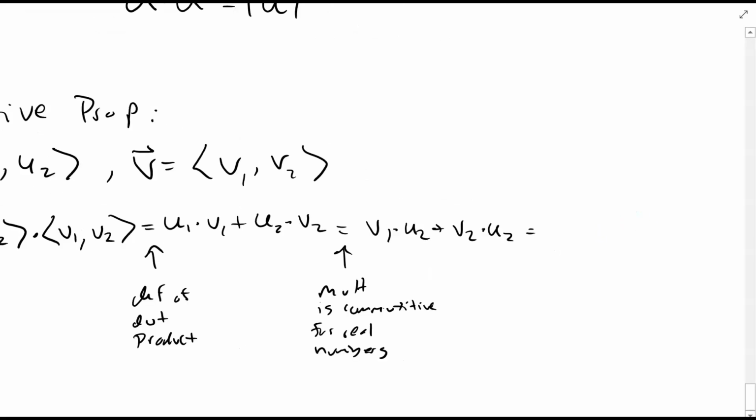And now I'm going to use the definition of the dot product again, but in the reverse order. So I'm going to take this and convert it back to a dot product.